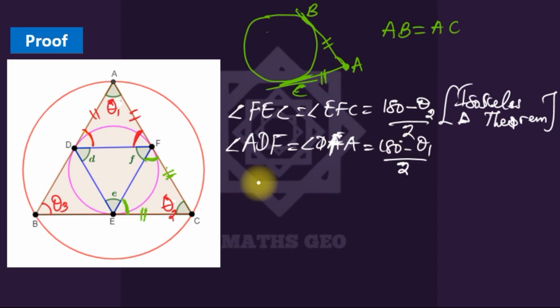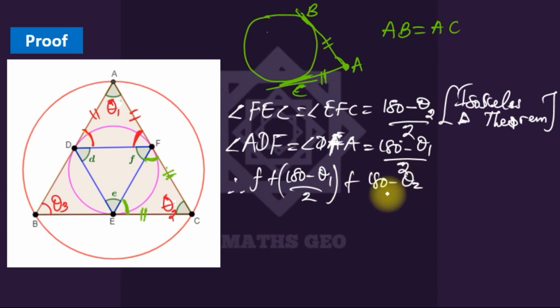Therefore, we have angles on a straight line, that F plus 180 minus theta 1 over 2 plus 180 minus theta 2 over 2 will always be 180.